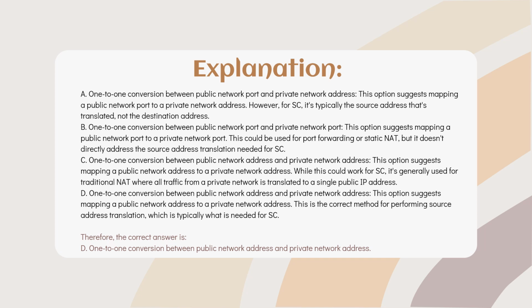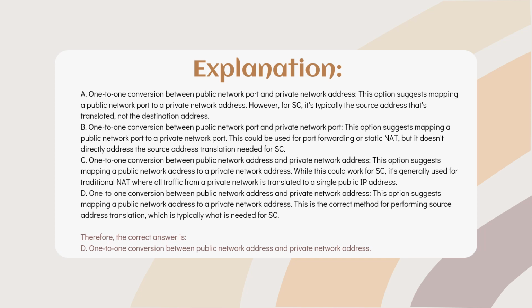for SC. C. One-to-one conversion between public network address and private network address. This option suggests mapping a public network address to a private network address. While this could work for SC, it's generally used for traditional NAT where all traffic from a private network is translated to a single public IP address.